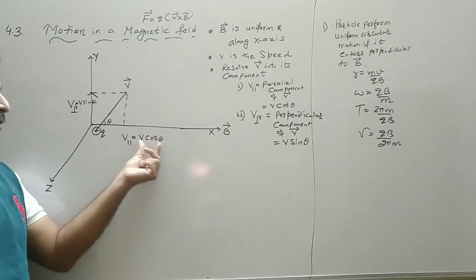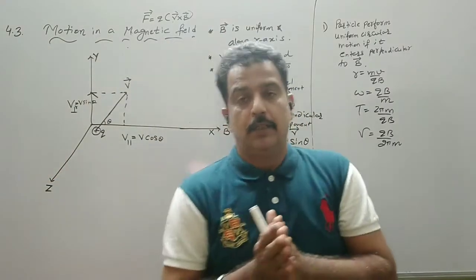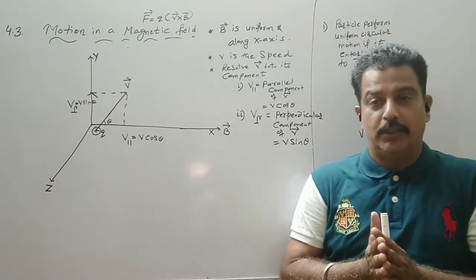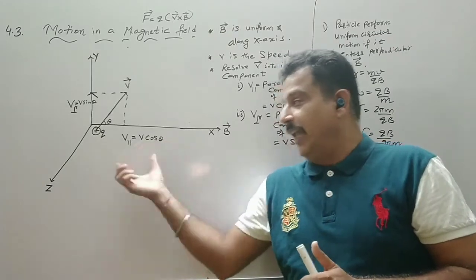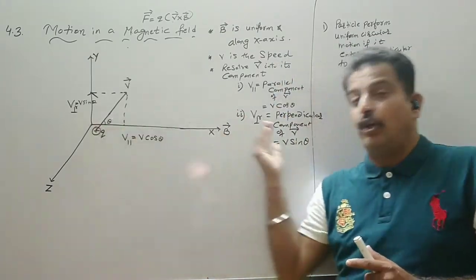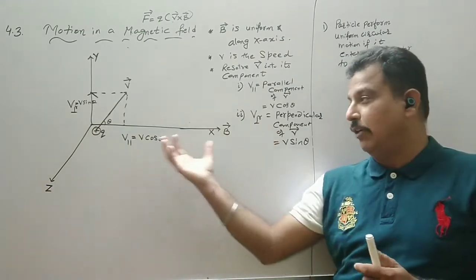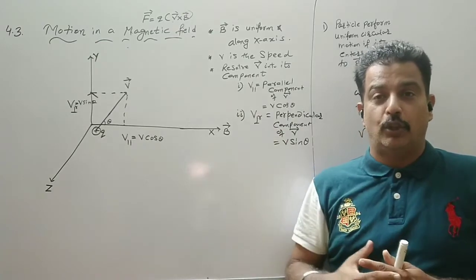Now the angle between V cos theta and B is 0 degrees. So no magnetic force is acting along this direction, but this component will make the particle move along a linear path, because we have one component V cos theta, that is velocity along the x-axis also.